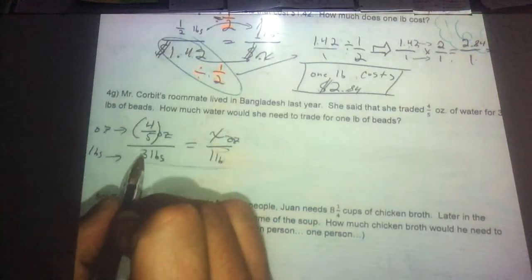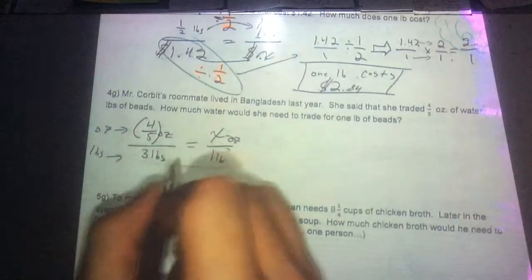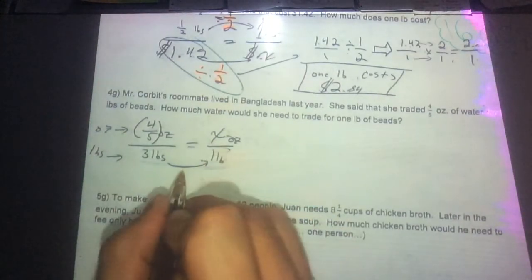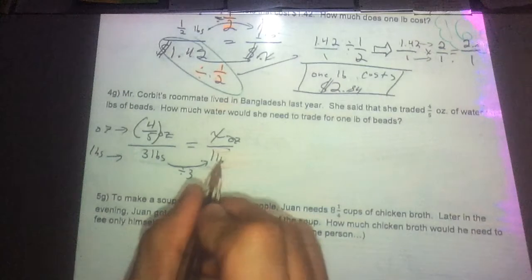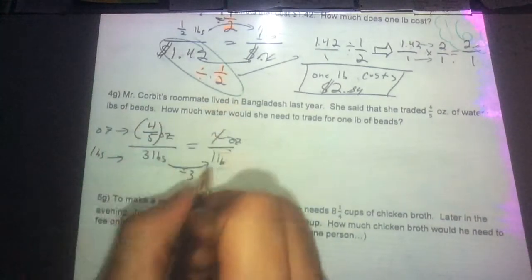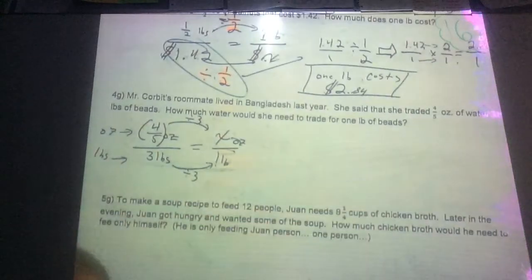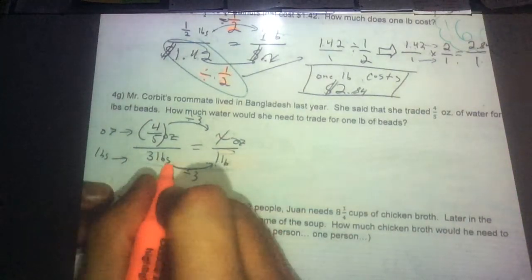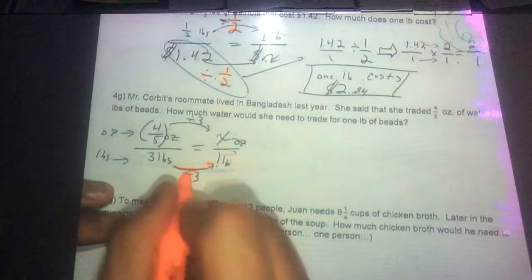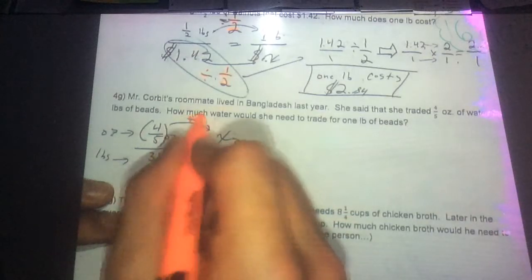There's a fraction within a fraction. But I'm just dividing by 3 to simplify it here. So if I'm dividing by 3 here, then I also need to divide by 3 here as well. Divided by 3.